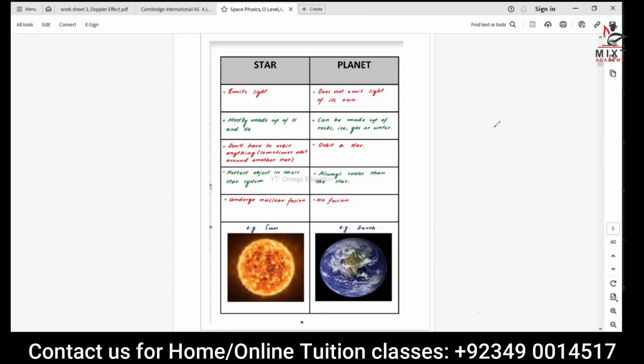Galaxies are made of solar systems. In each solar system, there is one major star. That is the main source of heat and energy for the planets.